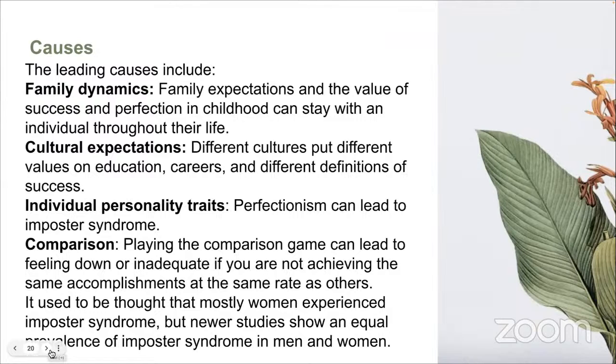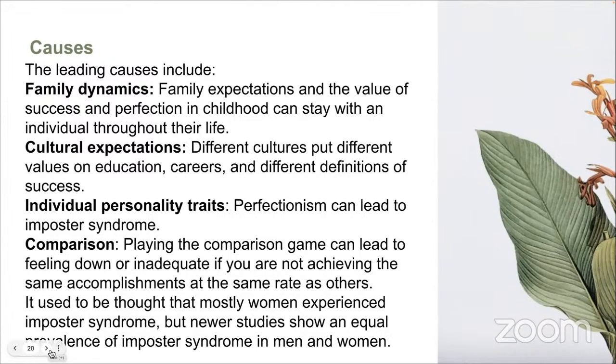The second cause is cultural expectations. Different cultures put different values on education, careers, and different definitions of success. Third cause, individual personality traits, and we mean by that especially perfectionism.